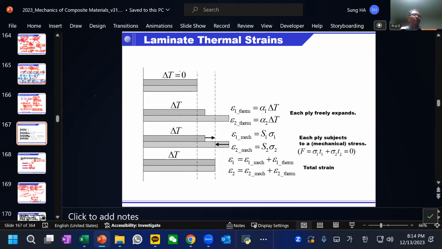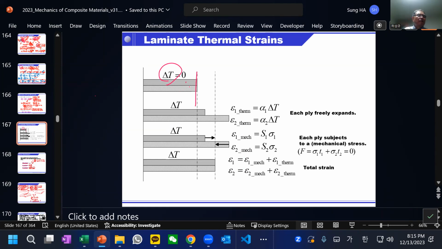So delta T, for example, we just have 2 plies, and each can be at a different angle, or as a simple case, we can consider each ply as, say, steel, and the bottom as aluminum. It doesn't need to be composite. It can be a metal ply. But anyhow, when there is no temperature change, they are not deformed.